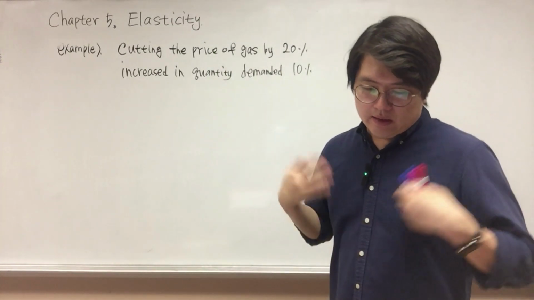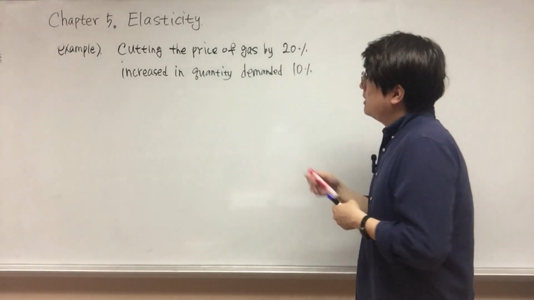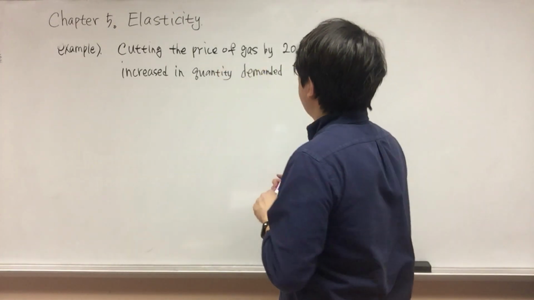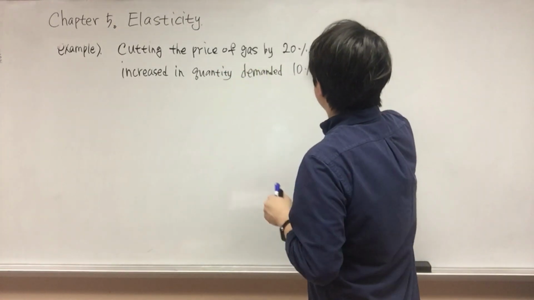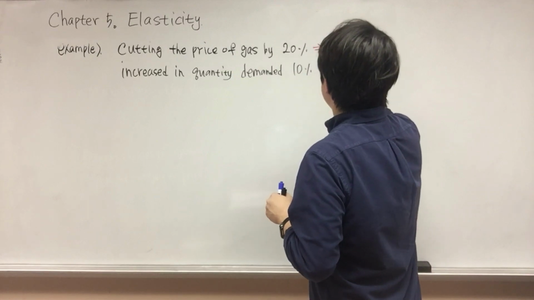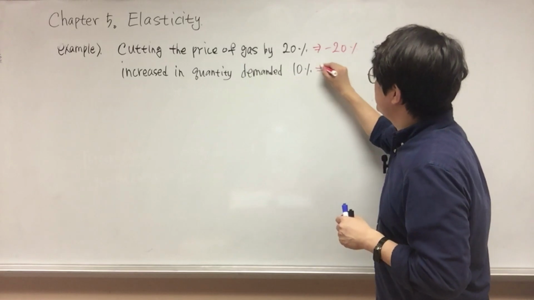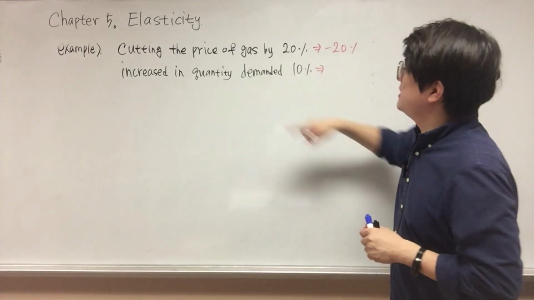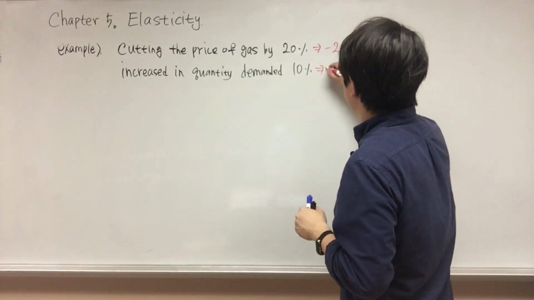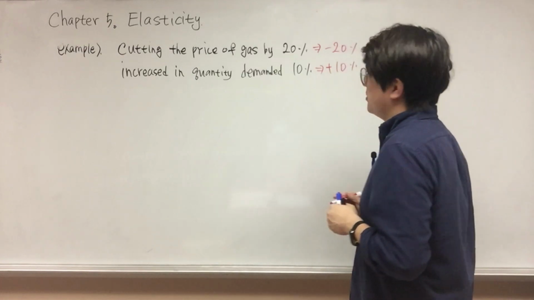Cutting the price of gas by 20%, we can express it as minus 20%. The increase in quantity demanded, we can express as plus 10%.